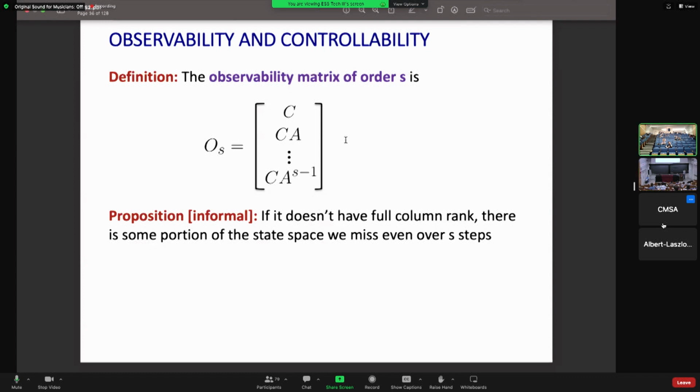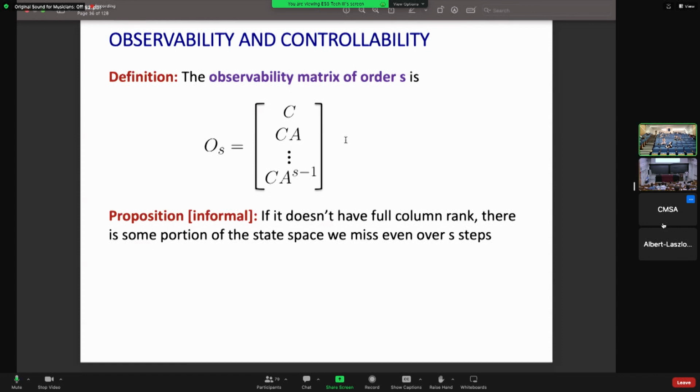So let's do some elementary linear algebra. What does it mean for this matrix to not have full column rank? It means there's a non-zero vector that lives in its kernel. What that non-zero vector gives me is a way to change the underlying state so that I don't observe that change immediately, because the C matrix describes how that change affects my immediate observations.